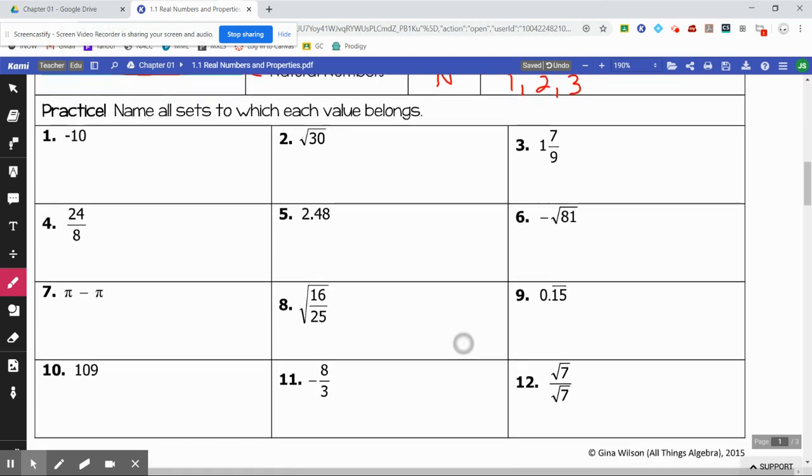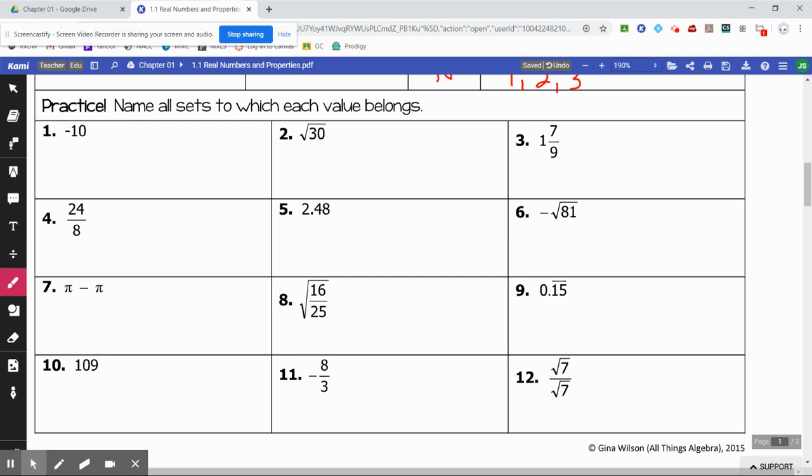Practice: let's name all the sets to which each belongs. First off, every one of these values should be real. And then we go from real to is it rational or is it irrational? So this one is real. It is also rational because, well, you could write it as a fraction. You could do -10/1. So anything that can be written as a fraction is rational.